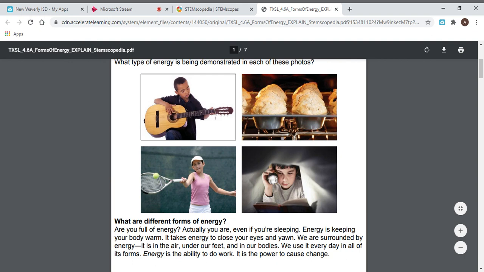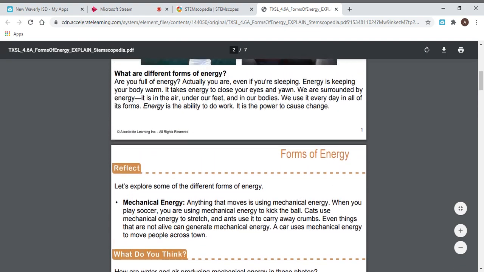So with that, we need to figure out what type of energy they're using. We can see that the guitar is going to be, we're going to use sound with it, thermal for the biscuits or the muffins. And then the child that's playing the tennis is going to be mechanical energy. And then we have light energy with the flashlight. Oops, I went too far.